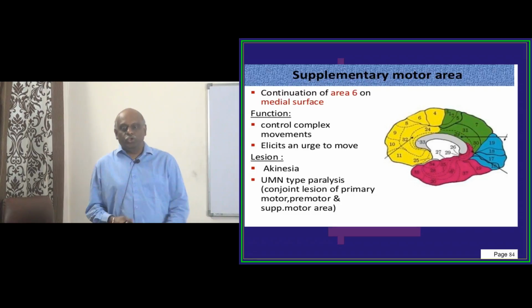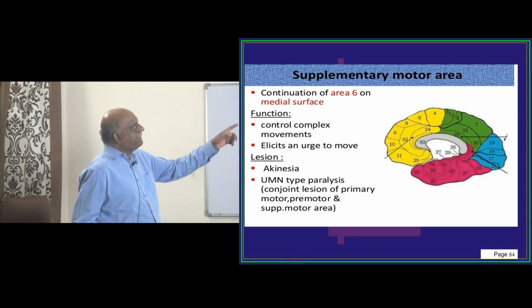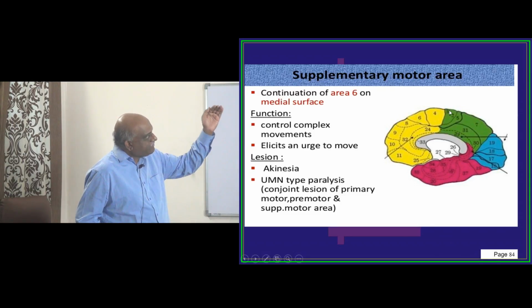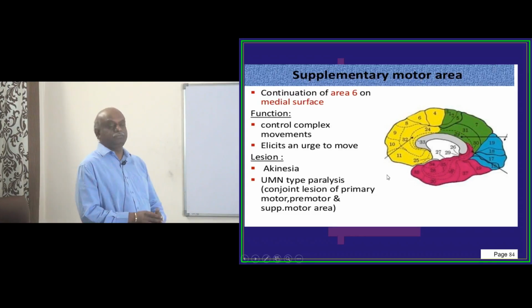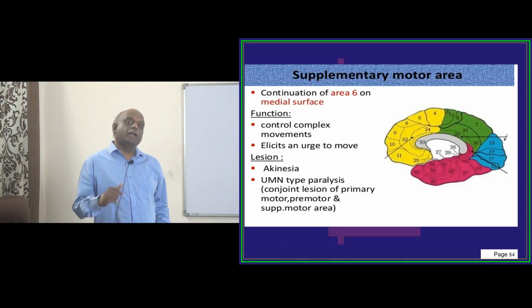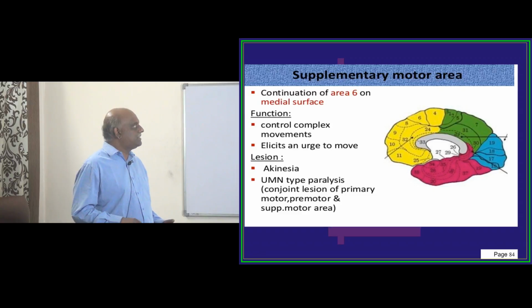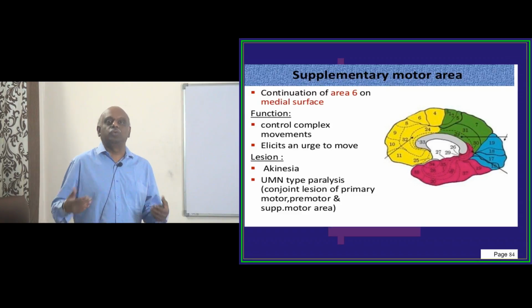Then you have the supplementary motor area in continuation of area 6. On the medial surface, area 6 will continue down, and that forms the supplementary motor area. What is its function? It controls the complex movements, and we always have an urge to move.